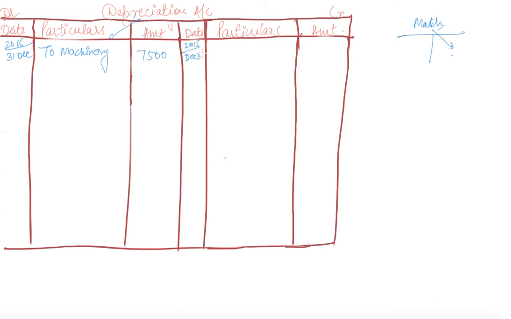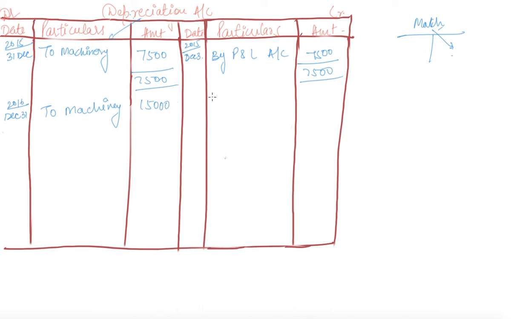Again here, 2015 December 31st. Being a depreciation account, the balance is to be settled by the P&L, that is the profit and loss account. So the total will be 7,500, transferred to the credit side. There is no transfer to the next year. Then coming to the second year, 2016 December 31st, to machinery, the second year depreciation was rupees 15,000, right?